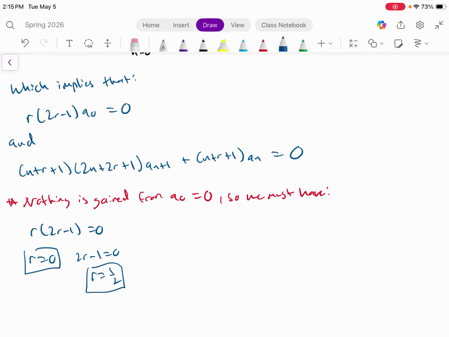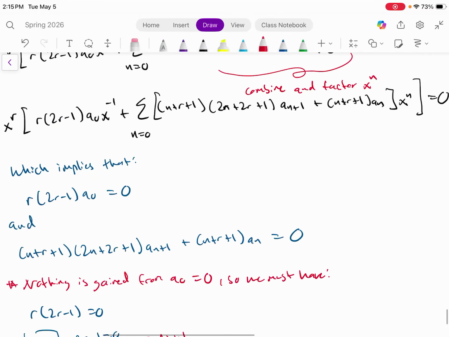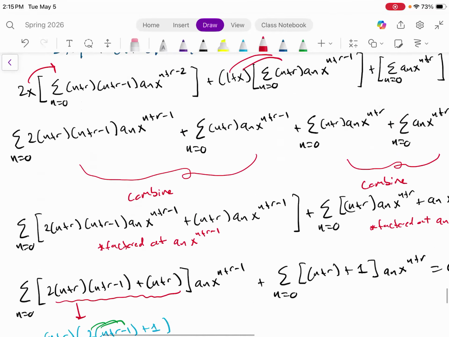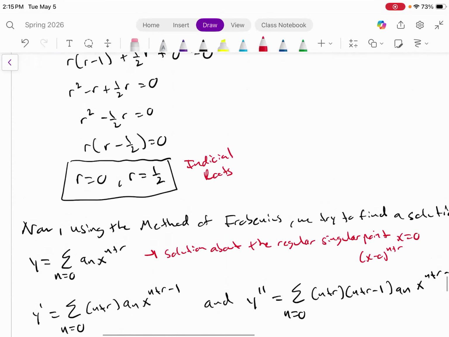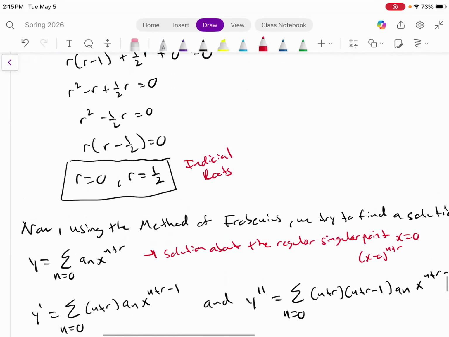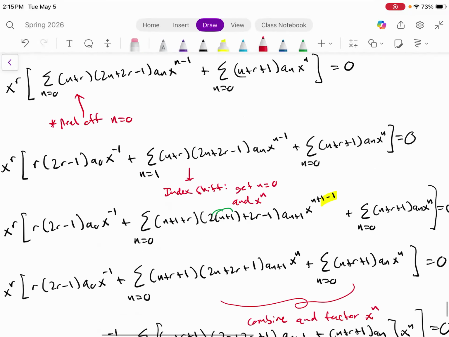And so these are our indicial roots. They're going to be our two solutions for this differential equation. And at the beginning of the problem, we found them, and they're the same exact ones, r equals 0, r equals 1/2.